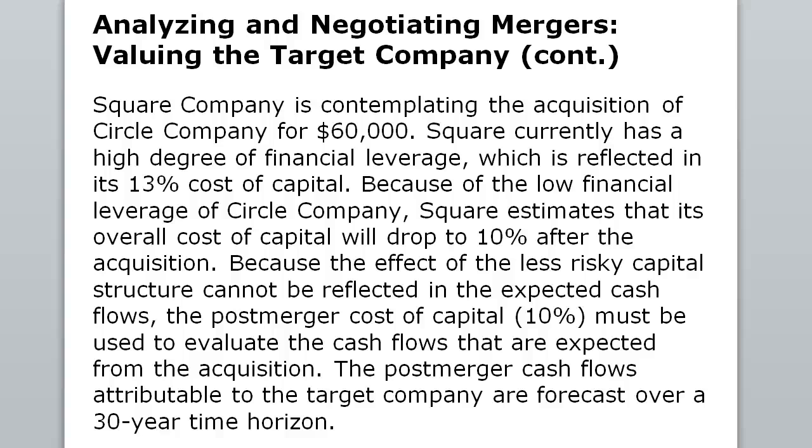Because the effect, the capital structure being less risky, cannot be reflected in the expected cash flows, the post-merger cost of capital of 10% must be used to evaluate the cash flows that are expected from the acquisition. The post-merger cash flows attributed to the target company are forecasted over a 30-year time horizon.